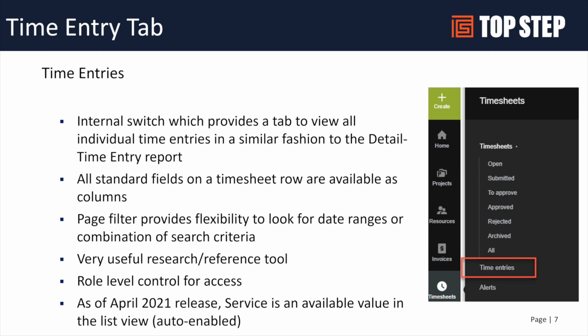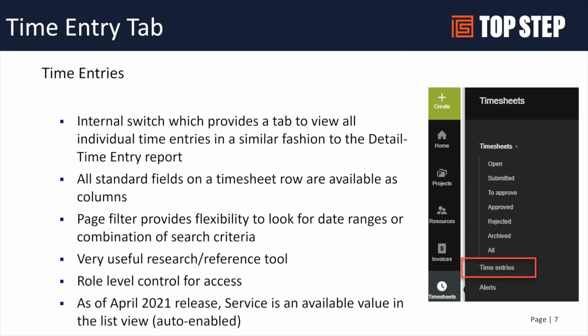It does have to be enabled at the role level for users to have access to the time entries feature. And it was enhanced a bit in the April 2021 release. They allowed service to be an available value in the list, and everyone was auto-enabled there. So if you were looking for the service that the time entry is on, you can see that as well.